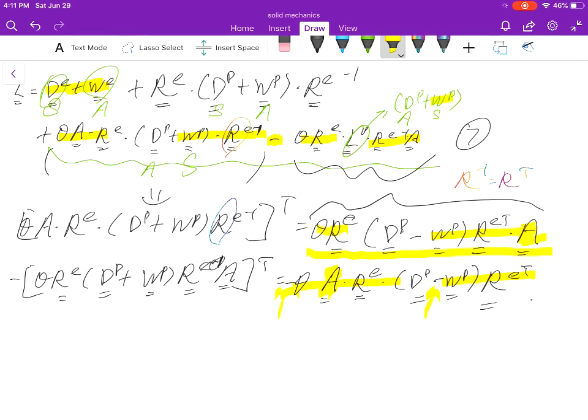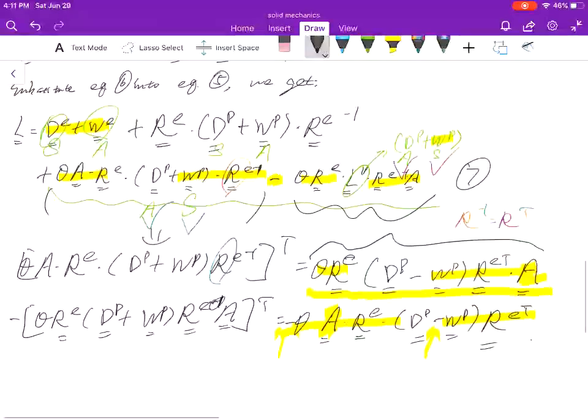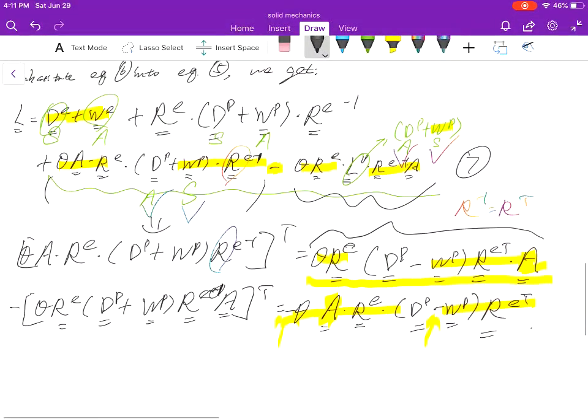Because of this, now we can recognize that the term involved with Wp is the symmetric part, but the term with Dp is the antisymmetric part.